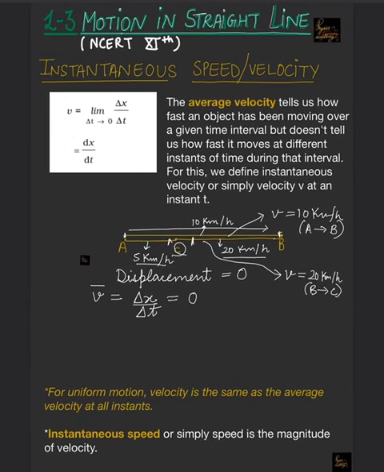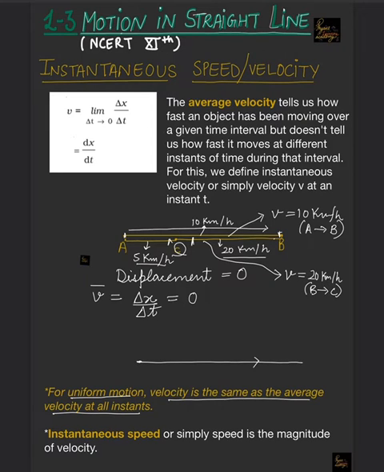But remember, for uniform motion, that is, our person is moving with constant velocity at all times, the average velocity and the instantaneous velocity are the same.